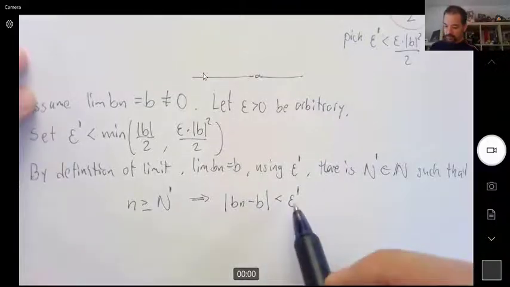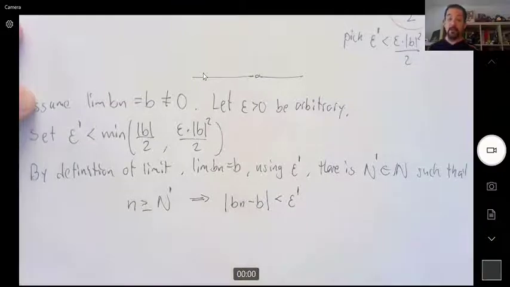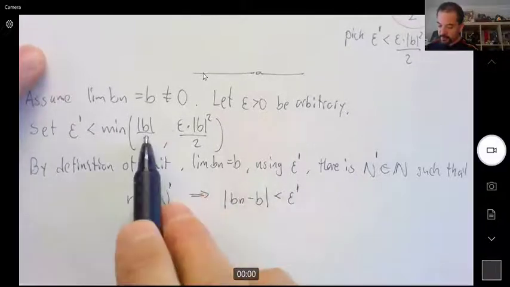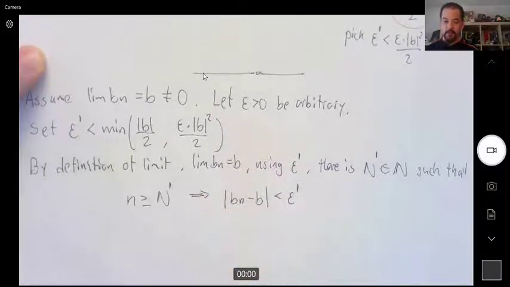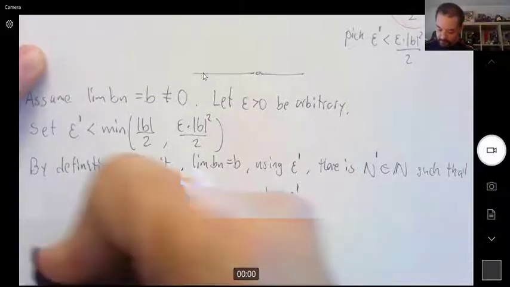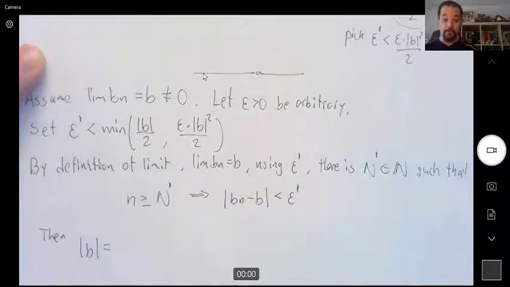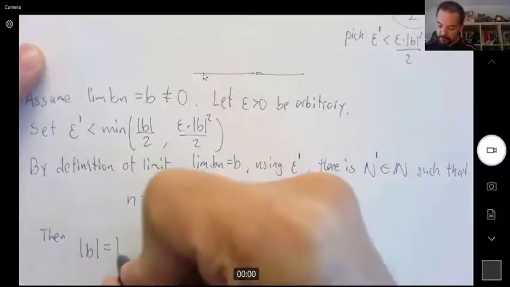So first we need to establish that bn is not too small. And the way we did it is by using that epsilon prime is less than b over 2. So let's write down that step. Then the absolute value of b, I'm just copying what we did before. That's why it looks seamless right now.